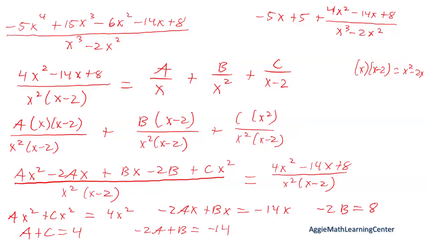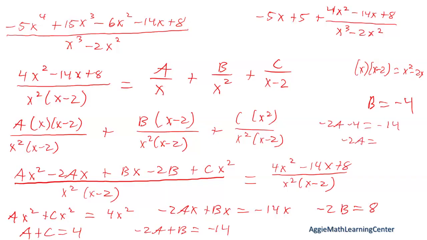And so luckily these equations they give you aren't too bad. You don't need to put in a matrix or anything, because we can easily solve for what b is, because negative 2b equals 8. So therefore b equals negative 4. If you plug negative 4 into that second equation of negative 2a plus b equals negative 14: negative 2a minus 4 is negative 14.